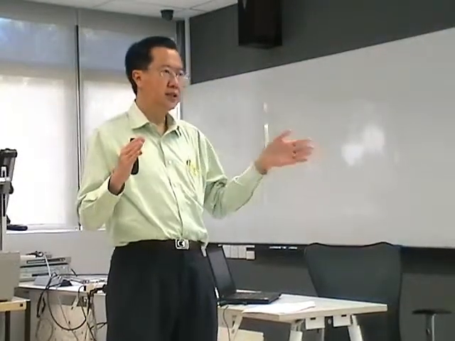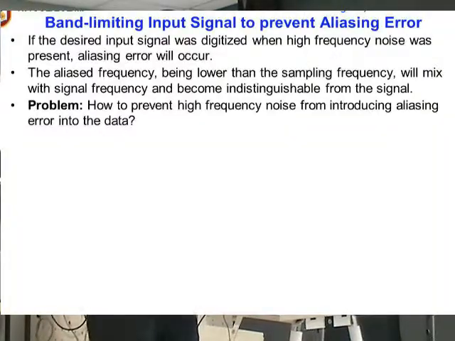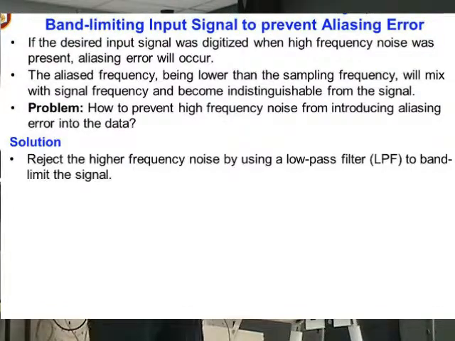Any other frequencies above that will be attenuated. And you do that by using a low pass filter. So here we see how to prevent high frequency noise from introducing aliasing error into the data. You do this by using a low pass filter to reject the high frequency signal.